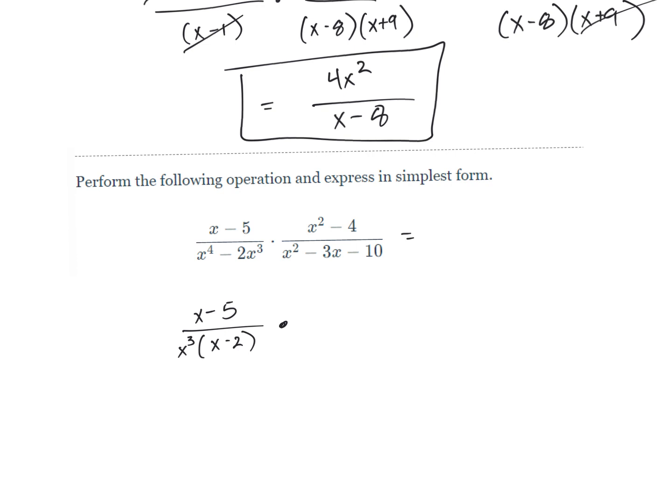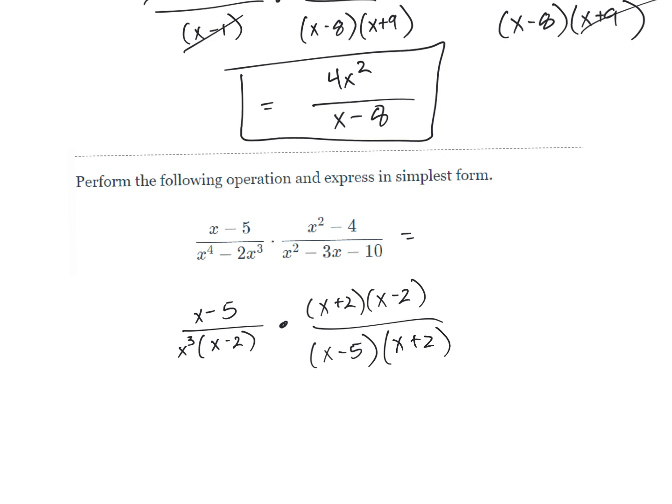So rewriting both separately but factored. The top is x plus 2, x minus 2, and on the bottom, x minus 5, x plus 2. So now it's time to cancel stuff out.